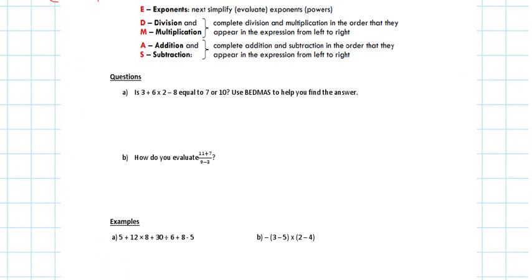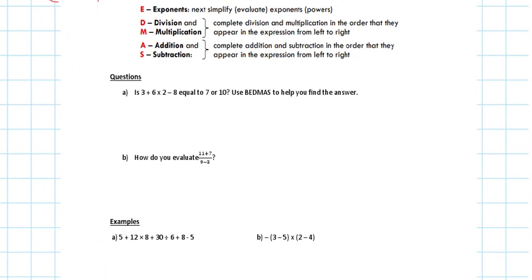So the question is 3 plus 6 times 2 minus 8, equal to 7 or 10? So what do I do first? Yep. I believe you have to do the multiplication first, right? Because I have the 6 times the 2. I don't have any brackets and I don't have any exponents, so I have to skip these, okay? So what comes next is the multiplication, and I have to do that first.